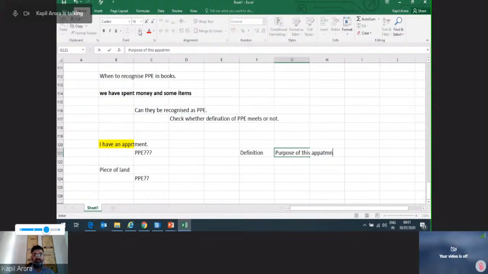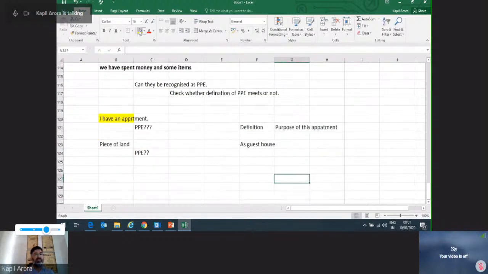For example, the company has kept this apartment for their employees as a guest house. If the company is using this apartment as a guest house, then we can consider that it is meeting the definition because it has been kept for admin purpose.